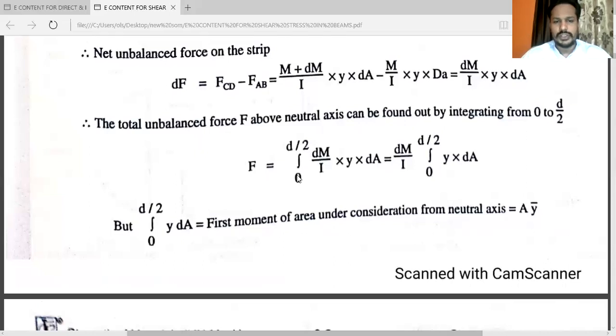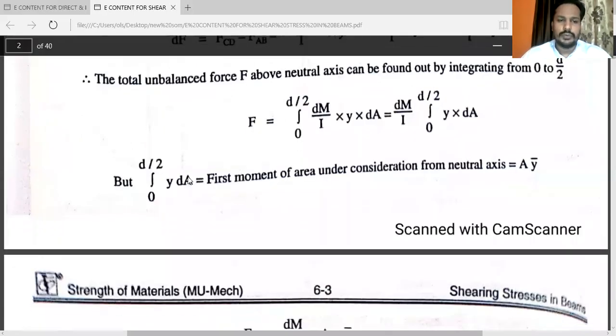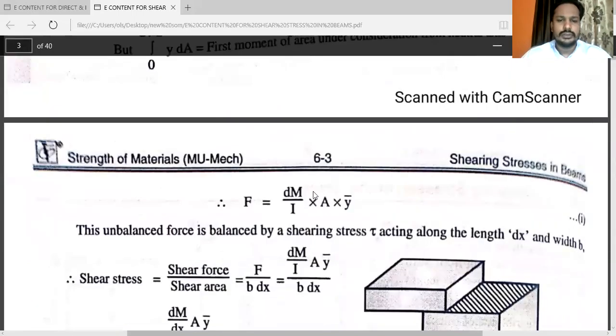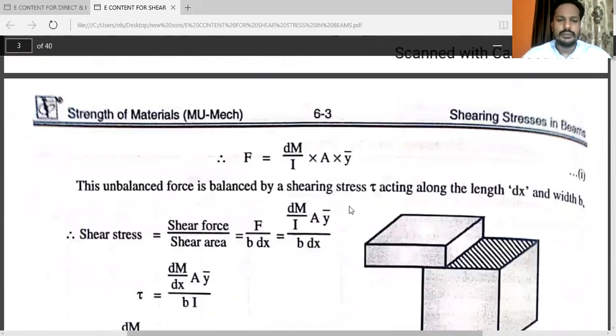F is equal to the integral from 0 to d by 2 of dM upon I into Y into dA, which is dM upon I into the integral from 0 to d by 2 of y dA. But we know that the integral of y dA is the first moment of the area under consideration about the neutral axis, that is A into y bar. So F is equal to dM upon I into A into y bar.